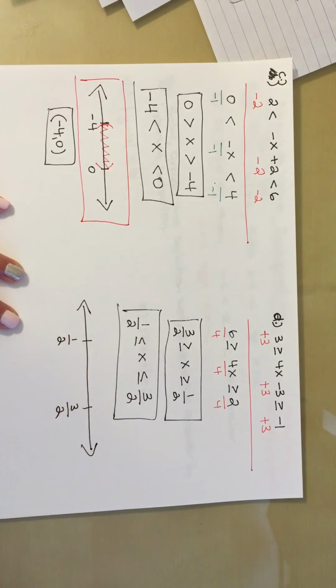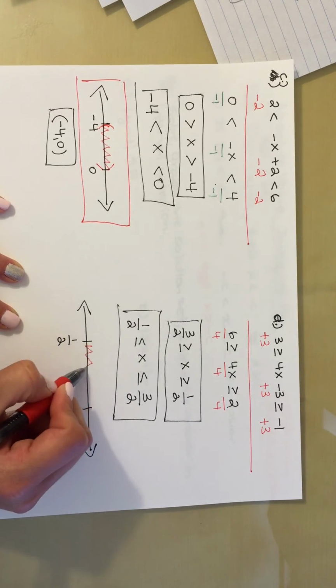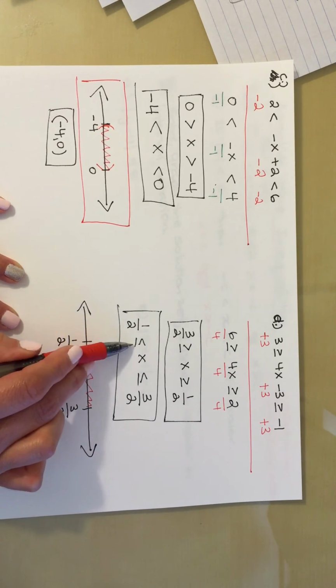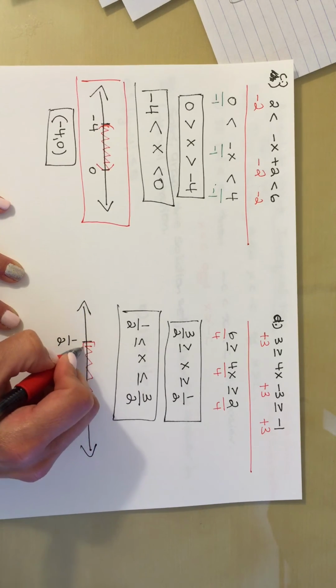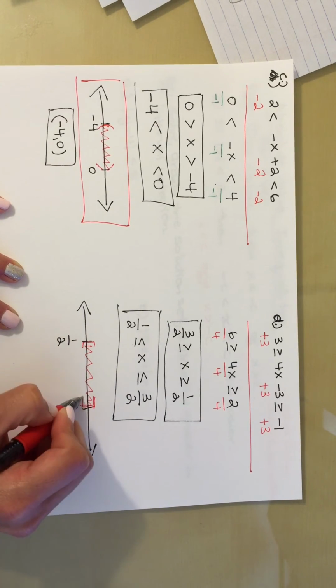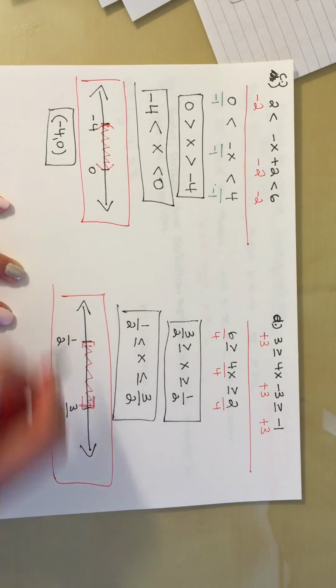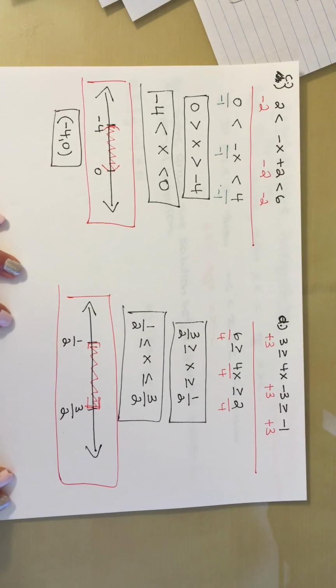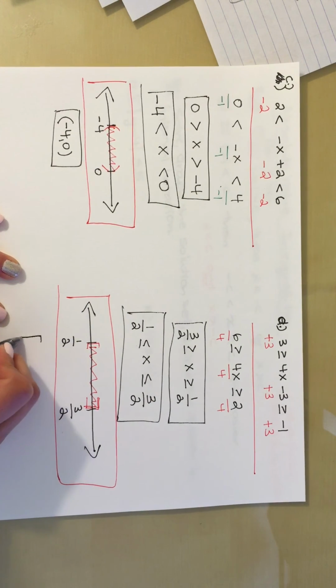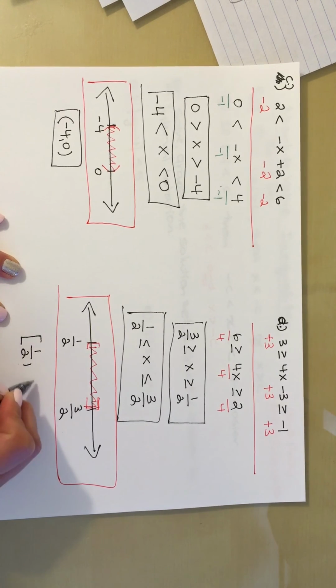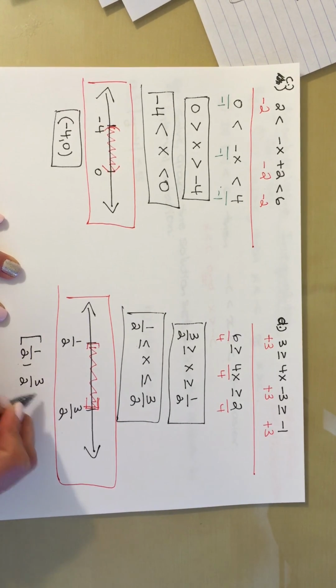And for that type of a problem, you always shade in between. Since we have equal for both, use a bracket. Interval notation follows from this graph. Bracket 1/2, comma, 3 over 2 bracket.